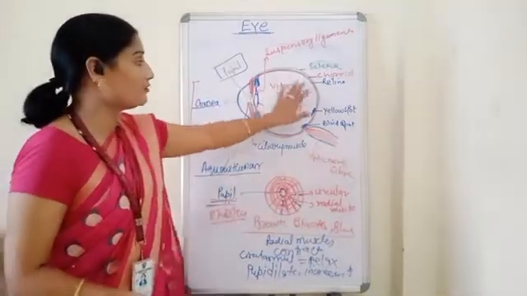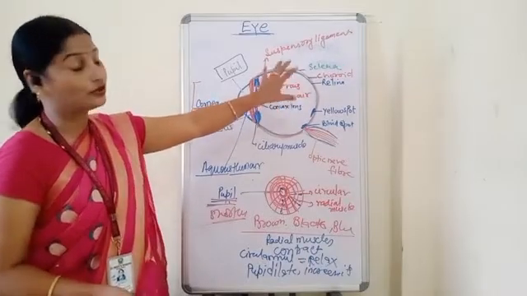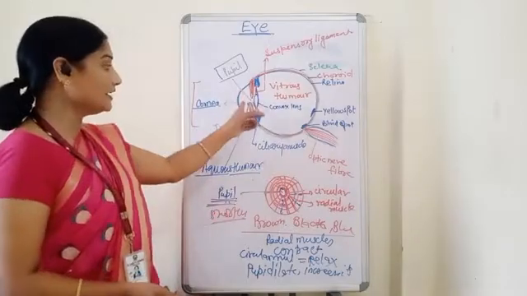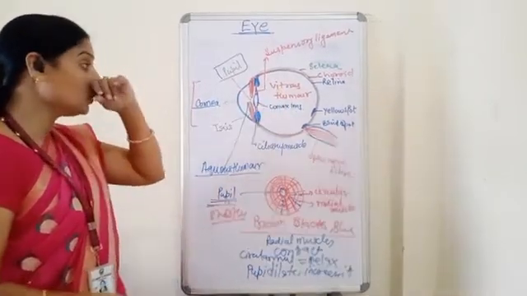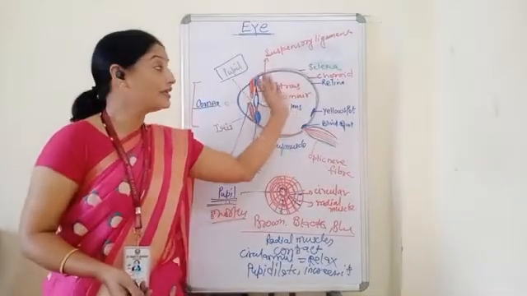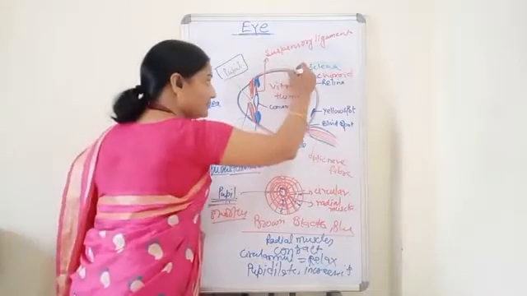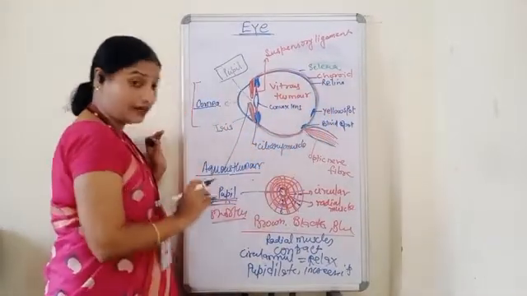Then we move inside. Now inside, what can we see? We can see vitreous humor, and this vitreous humor is also there for the nourishment of the eye. So here there is aqueous humor, here there is vitreous humor. These two liquids are present in the eye. Then we move to this side, and this is called the retina. This we have already studied.